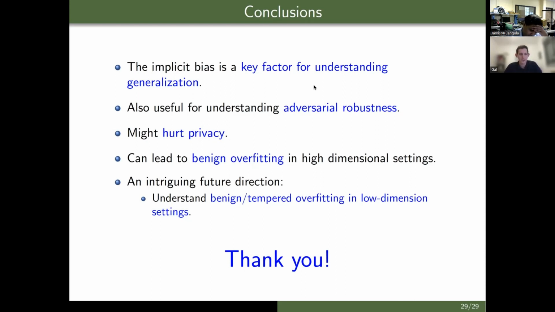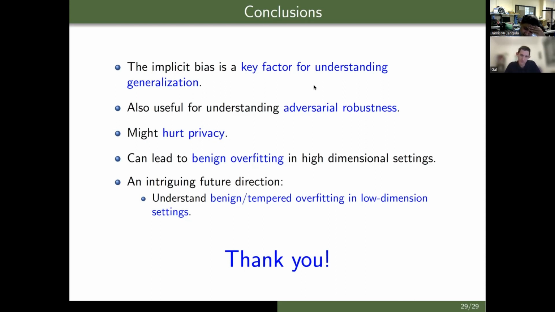In other cases, it might be difficult to give a mathematical characterization, but you always have some kind of bias. Now, the question is whether this bias is good or not good. I guess it depends on what your goal is and what the setting is. And here we show that it might be good for generalization and bad for privacy and for adversarial robustness. But essentially, for every optimization algorithm, you will always have some implicit bias.